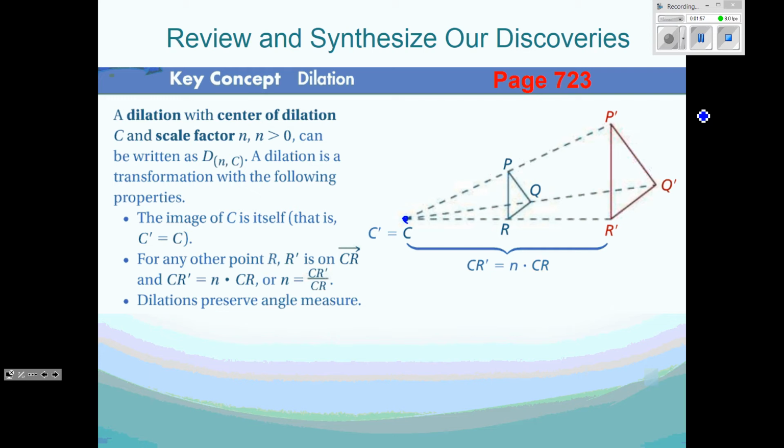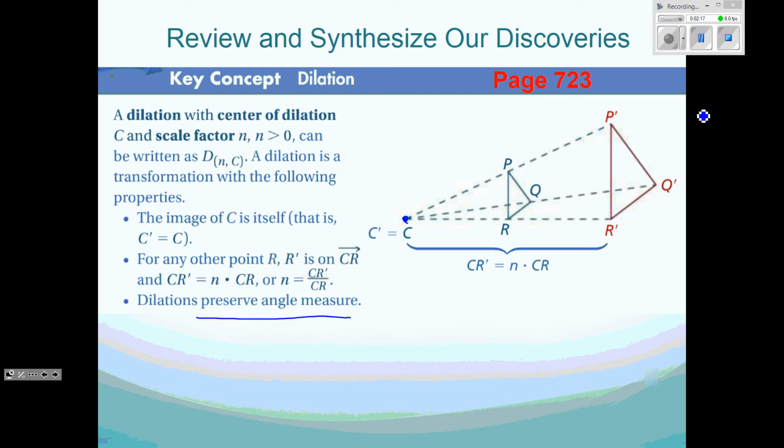This is something that we might look at for a dilation in space, not on a coordinate plane. One thing I want to make sure is clear, and we've said it already, is that dilations preserve angle measurement, which means that the shape is not going to change. So if we have a square, it still will be a square after it's been dilated.